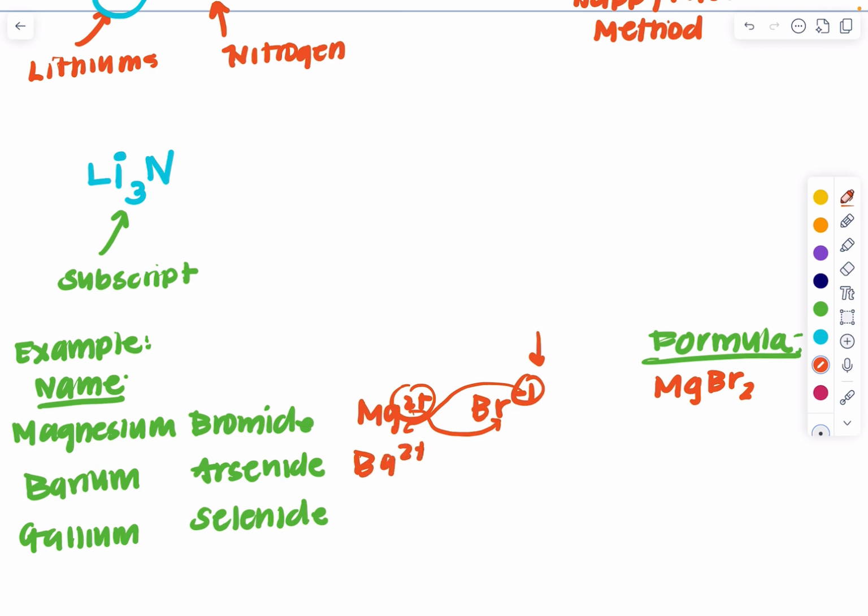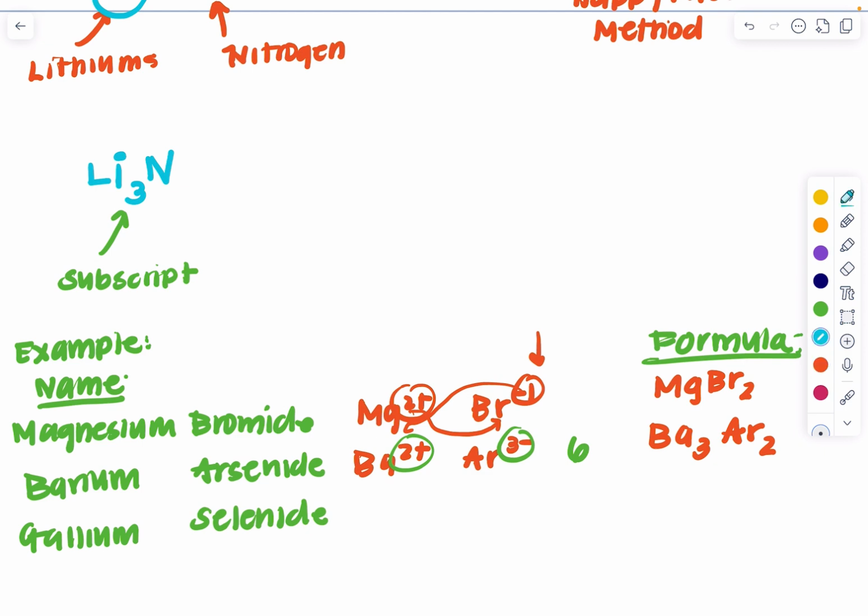Barium also has a +2 charge. Arsenic has a 3- charge. Again, the greatest common factor within these two would be 6. So we would need 3 bariums to get to +6, and we would need 2 arsenics to get to -6.